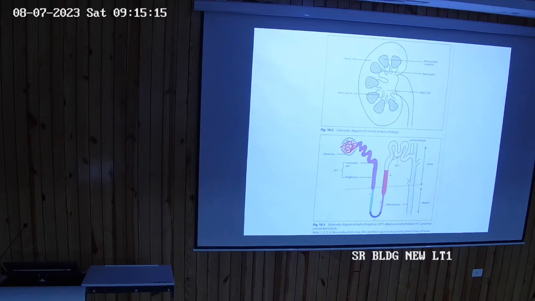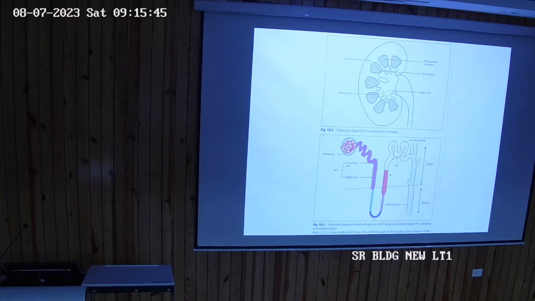The pyramid has a dilated part, the base of the pyramid, facing towards the cortex, and this is the apex of the pyramid. At the apex of the pyramid, you see these structures called papillae, and they are of different types.